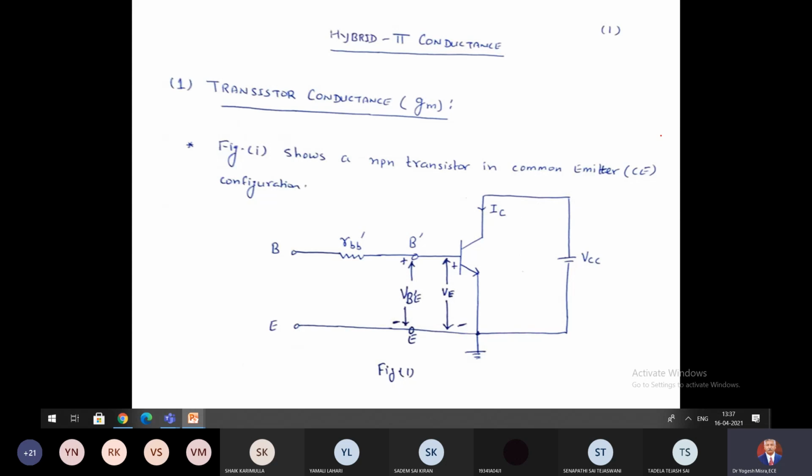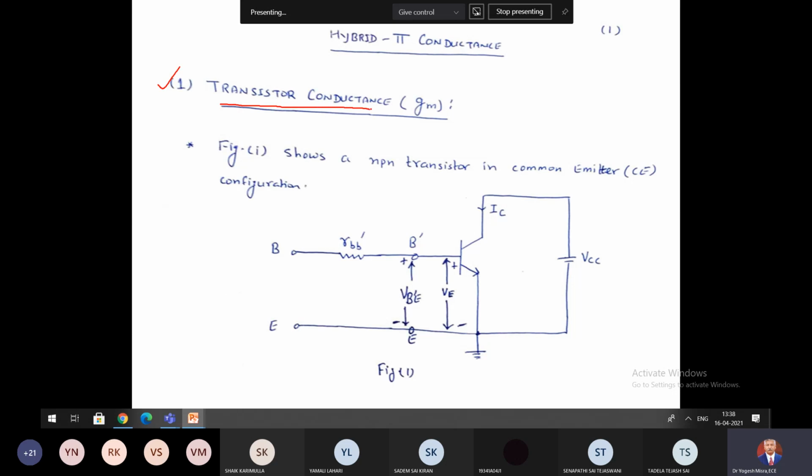Okay, already we discussed this. Few conductance we already discussed. Hybrid pi conductance, I will just recall this. First one is transistor conductance, represented by GM.